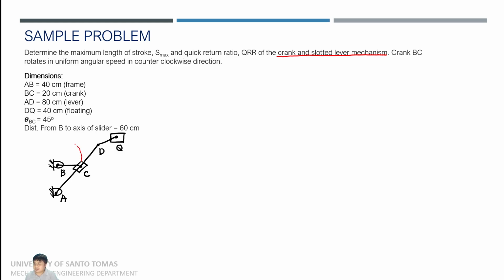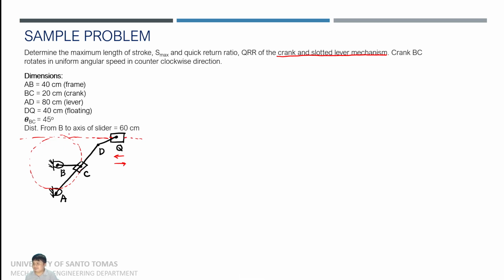As you can imagine, this will rotate counterclockwise. So this Q here can reciprocate in this direction and this direction, as long as you have a slider here that restrains this motion. So this is your line of stroke.